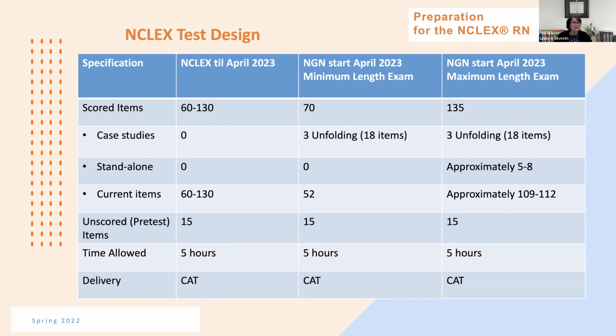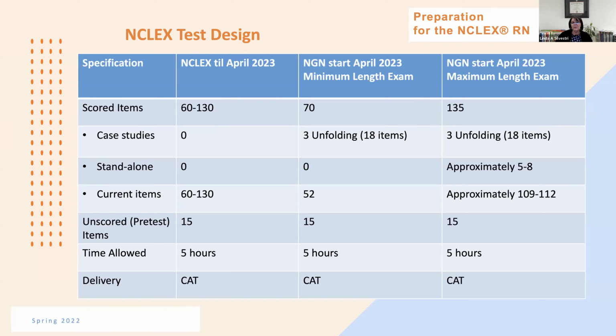So 75 is going to be the minimum number of questions you have to take, okay? Because out of that 75, if you took the minimum number, 60 are scored, but 15 of those are pre-test unscored questions that they're gathering data on to use on future exams. So that's why the number is 75 as your minimum.